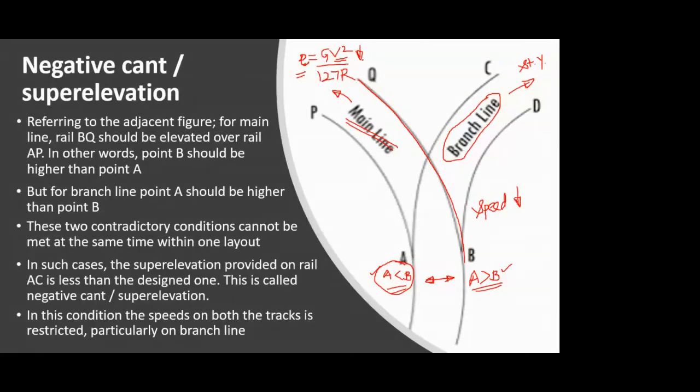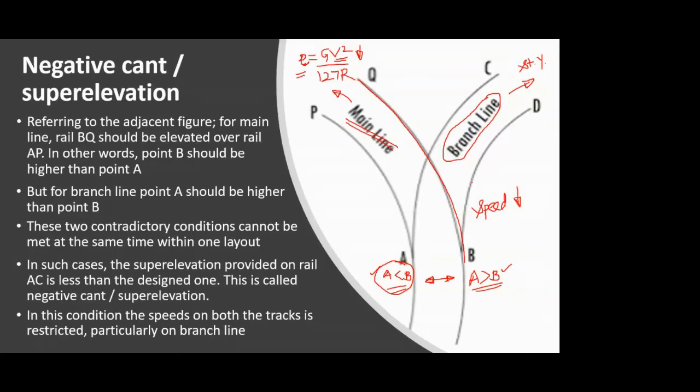If speed is reduced, then you require less superelevation, and then the train going to the station yard on the branch line will have less speed, and it will take the turn. Many times you will see this also: when your express train approaches a platform, it reduces its speed drastically.